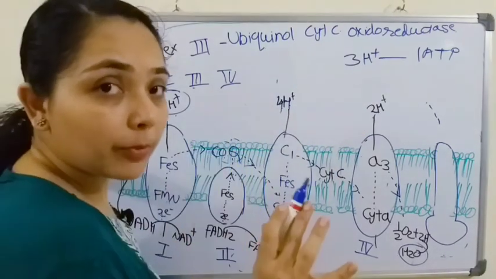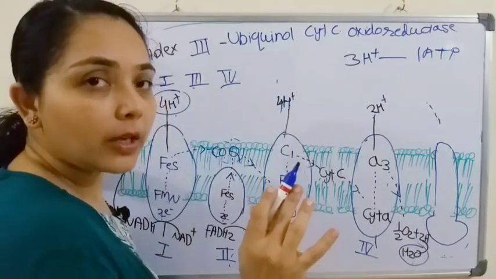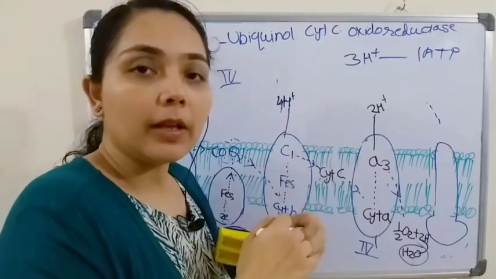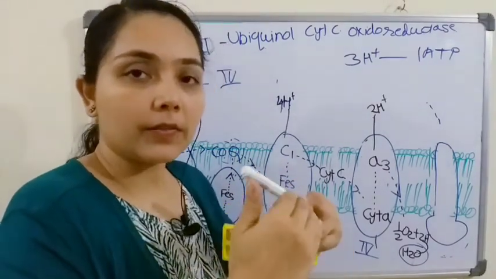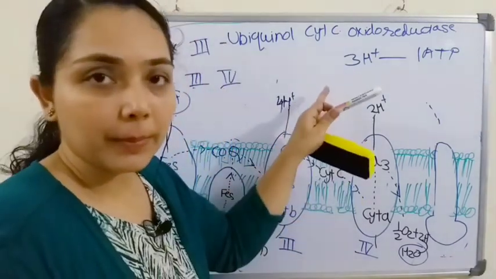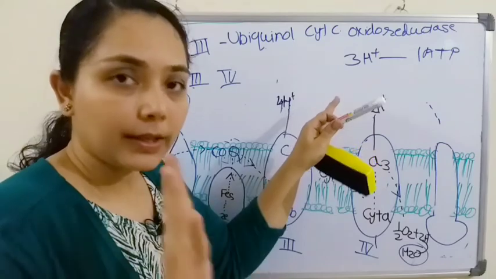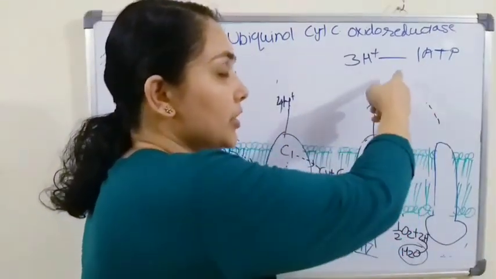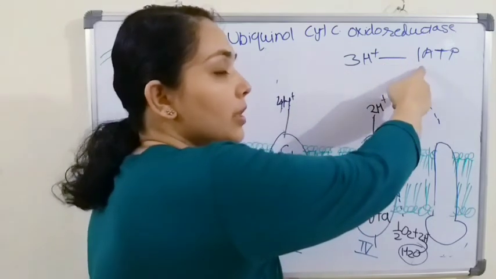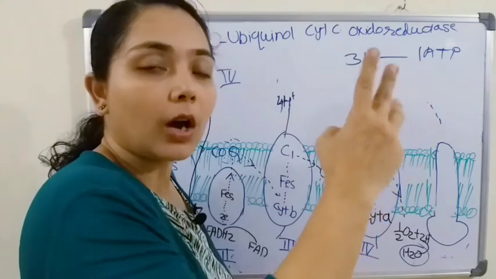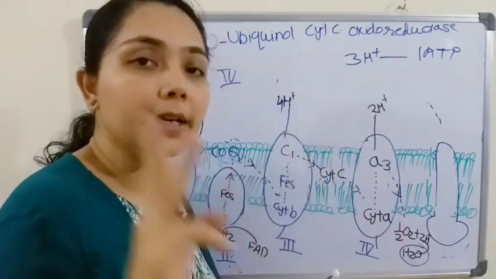That means 10 protons. So electrons moving from NADH help in transferring 10 protons from the matrix to the intermembrane space. To generate 1 ATP, 3 protons are required, so out of 10 protons, we'll get 3 ATP.